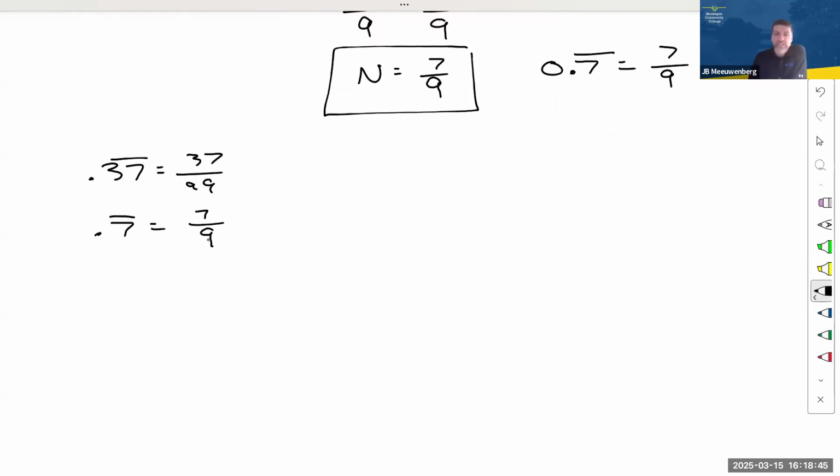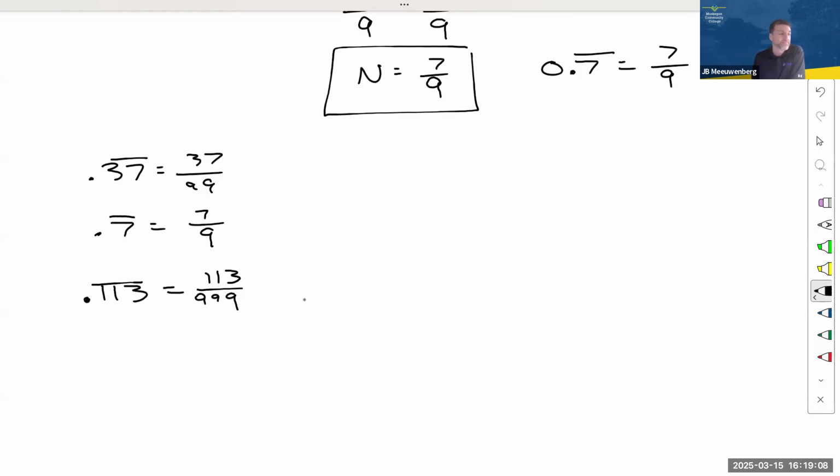Is there something to do with these nines in the denominator? Yeah, actually there is. Maybe you could guess: if I put 0.113 repeating, could you take a guess at what that might be? If you said 113/999, you'd be right.